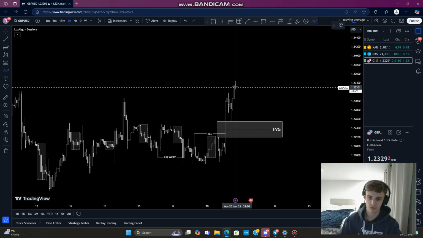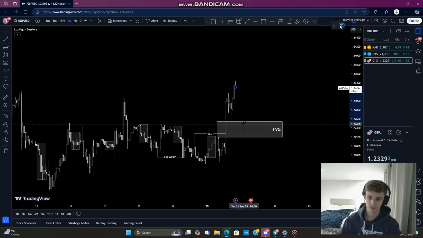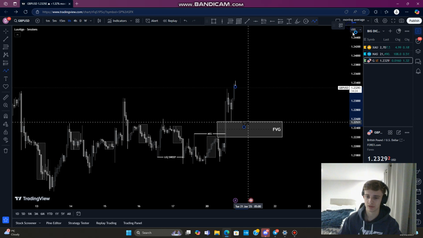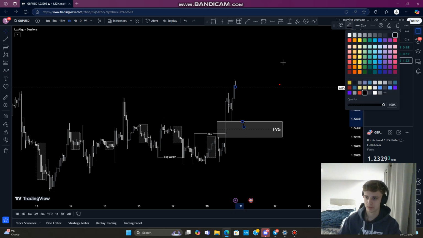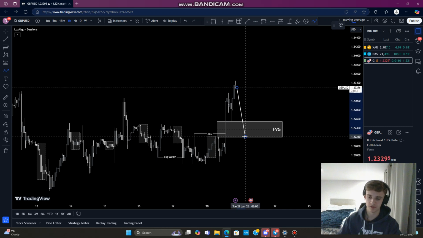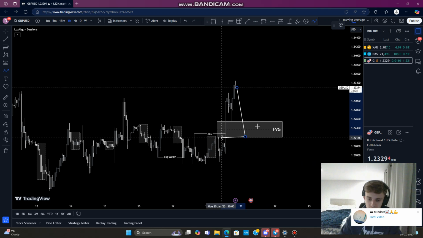And then once price pushes down, it changes colour. Once price makes its way down into the fair value gap, it will fill it fully. So this gap from the top of the wick to the bottom of the wick will fully be filled, again, because we're looking to come into it to buy and then for price to continue.